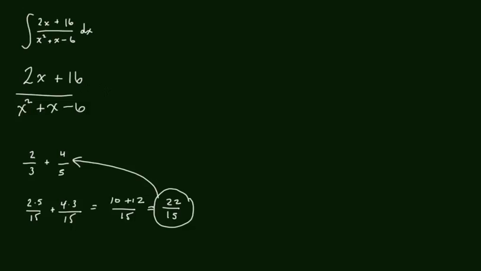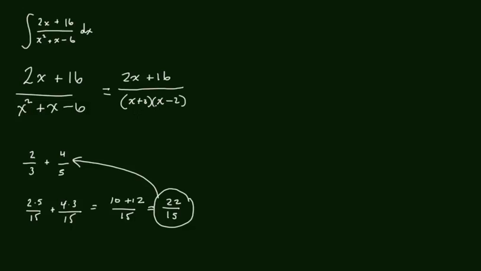Anyway, the first step in decomposition is to factor the denominator. So we have the numerator, and I'm going to factor the denominator to be x plus 3 times the quantity x minus 2.